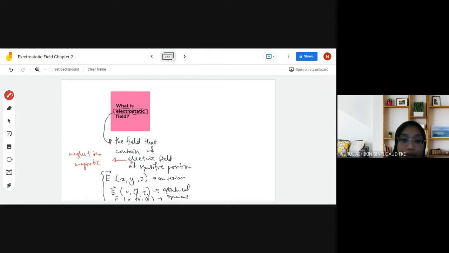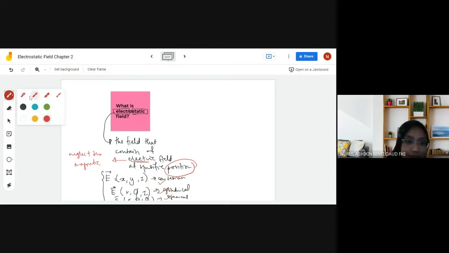All right, so we are only considering the electric field, which is related with the position, either in Cartesian, cylindrical, or spherical. Okay, so now let's move on.